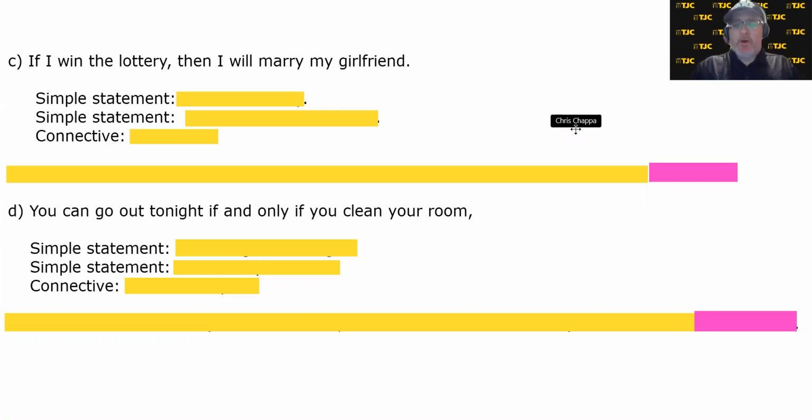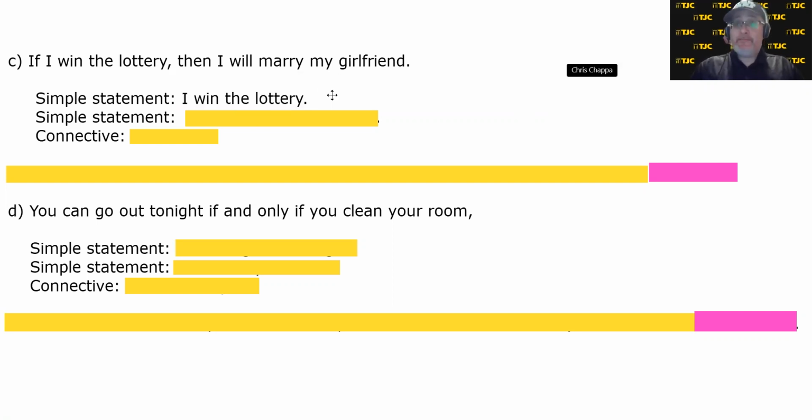Now, a lot of people get this part wrong when I ask them, what's the first simple statement here? If you said the first simple statement is, if I win the lottery, you are technically incorrect because the statement, if I win the lottery, isn't even a complete sentence. It's a sentence fragment. So what is the first simple statement?